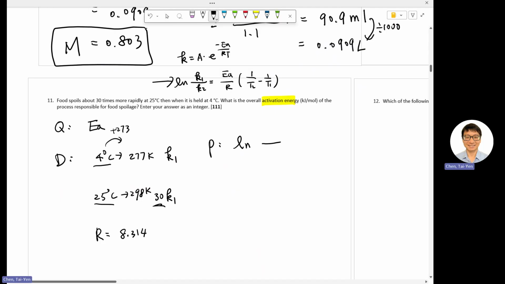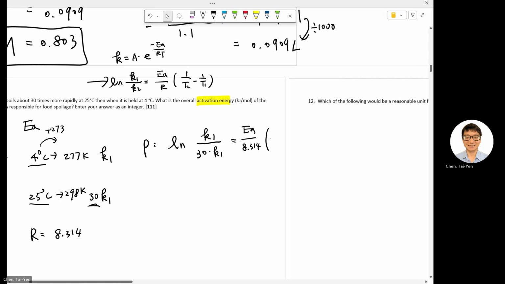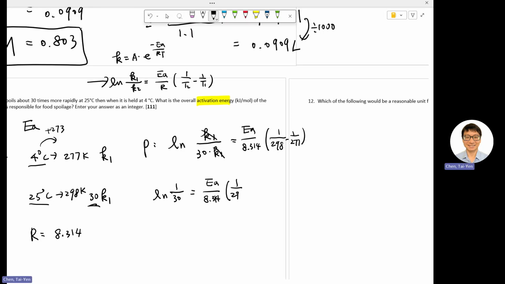Natural log of K2 over K1, where K2 is 30 times K1, equals EA over 8.314, times 1/T1 minus 1/T2, with T2 being 298 and T1 being 277. K1 cancels out, so you end up with natural log of 30 equals EA over 8.314 times (1/277 minus 1/298).